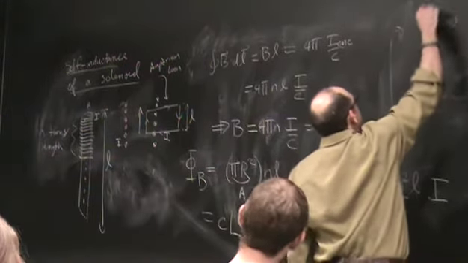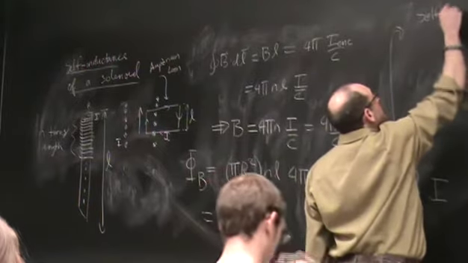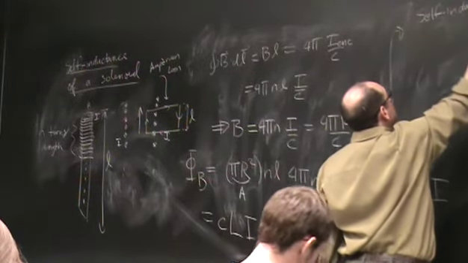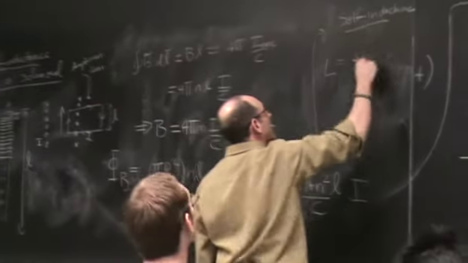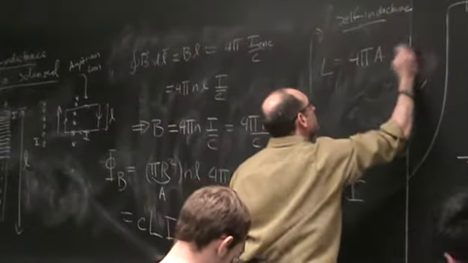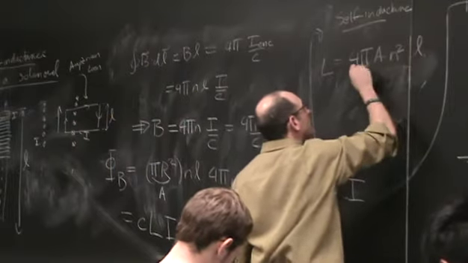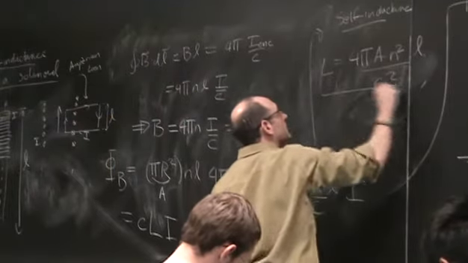The self-inductance of a solenoid, L, is equal to 4 pi A n squared L over C squared.